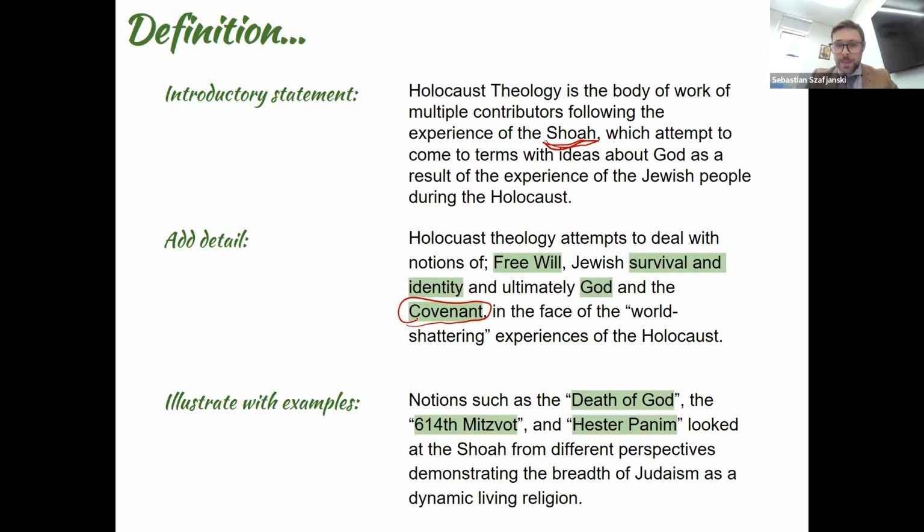And Hester Panim, which is the notion of God hiding his face, and looked at the Shoah from different perspectives, demonstrating the breadth of Judaism as a dynamic living religion. All right, let's move on.